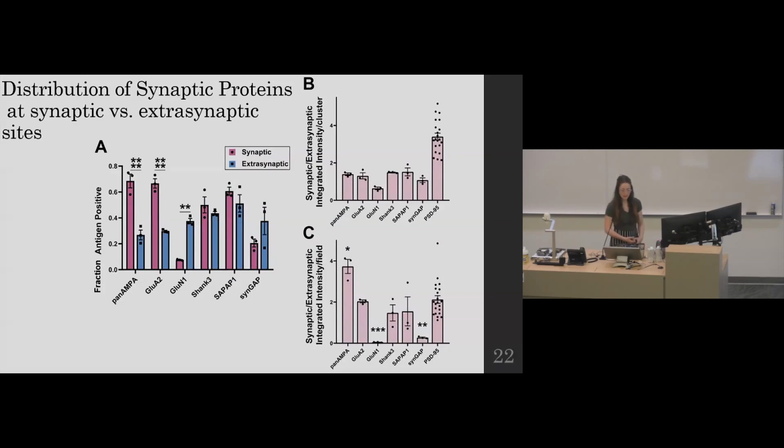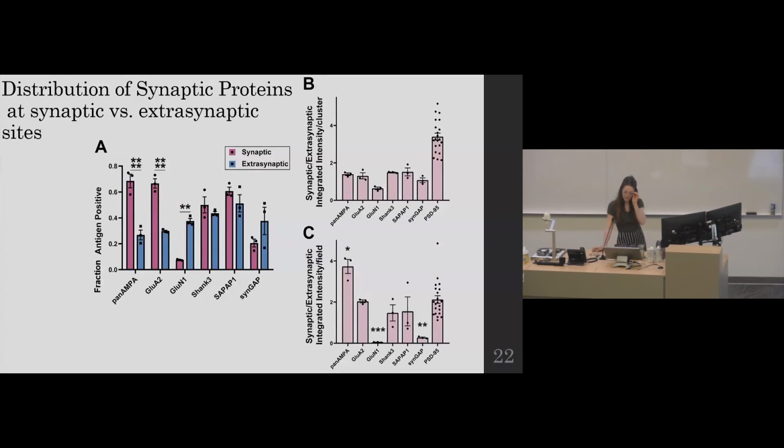Post-hoc tests showed that pan-AMPA and GluA2 were present at significantly more synaptic sites, where GluN1 was present at significantly more extrasynaptic sites. The following graphs show ratios of synaptic to extrasynaptic integrated intensity per cluster and per field.